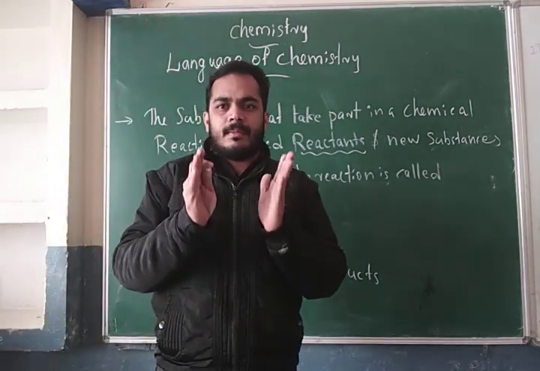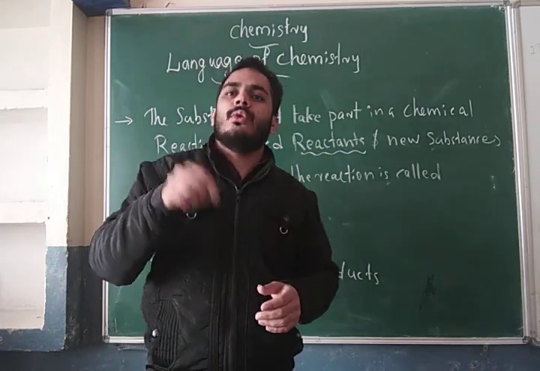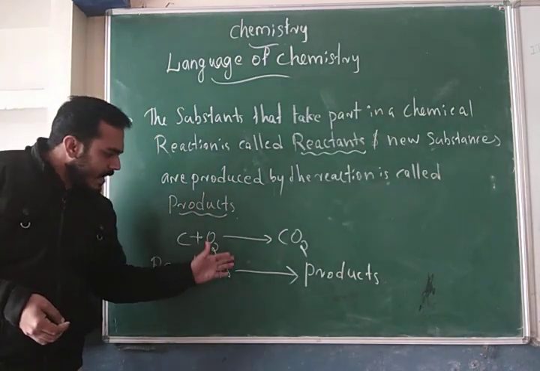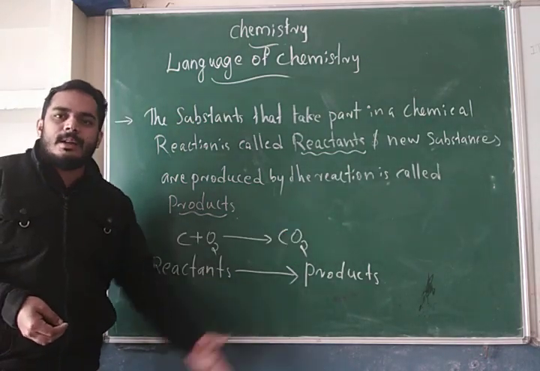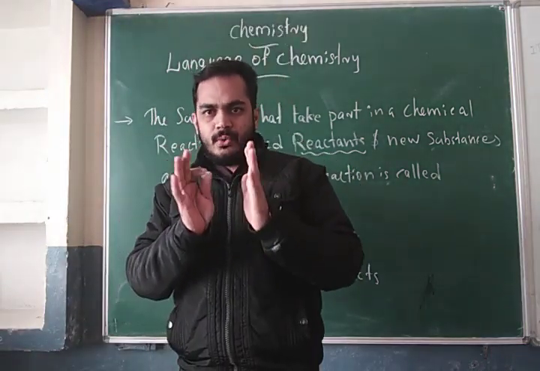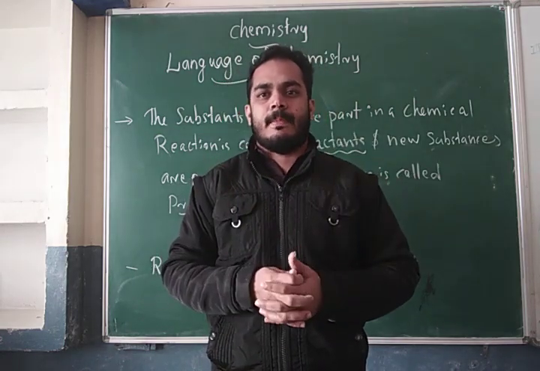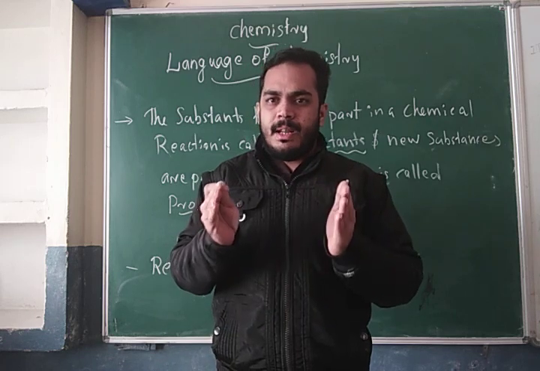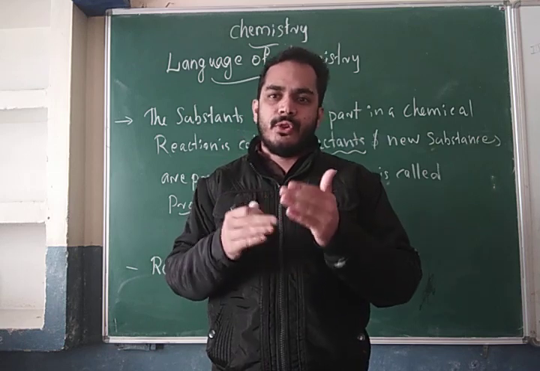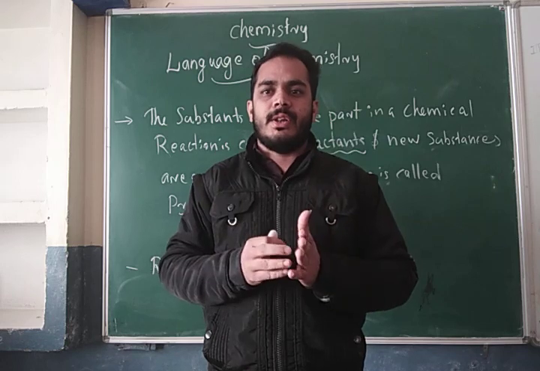So here the chemical reaction is a permanent reaction and a new substance is formed. Reactants reacting together to form a new product is called a chemical reaction. I hope all of you understood this topic, the basics of the language of chemistry. Chemistry has its own language to easily deliver information and knowledge.